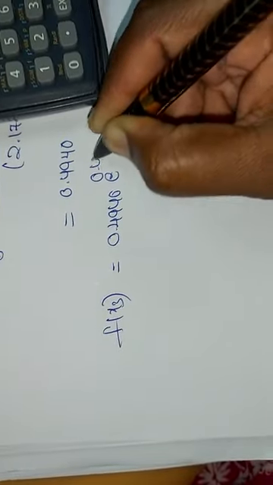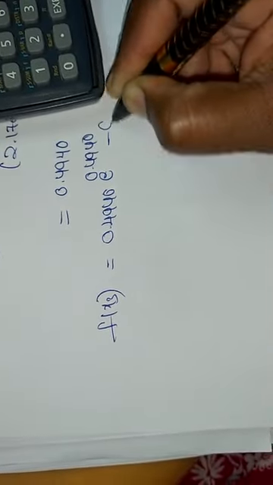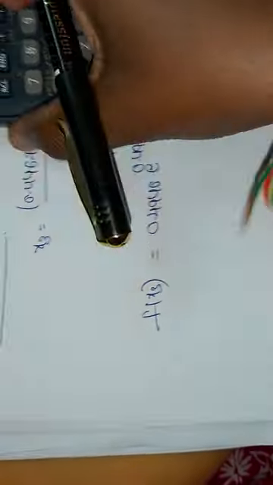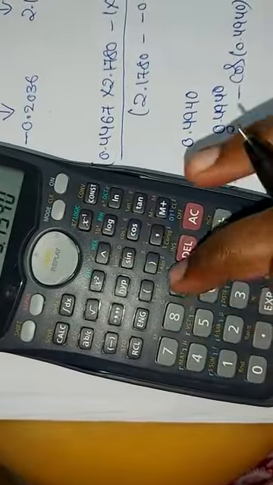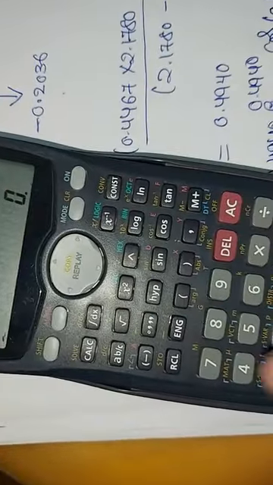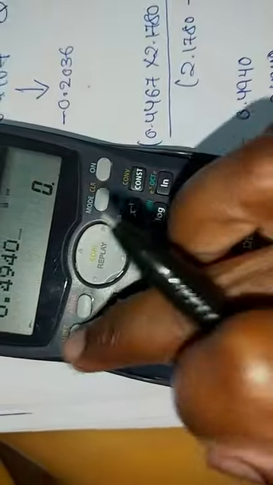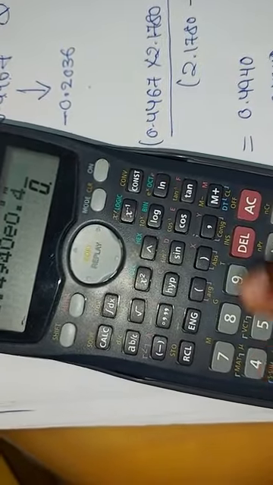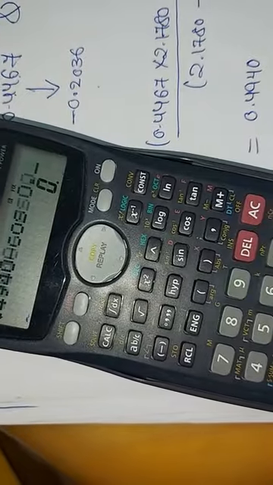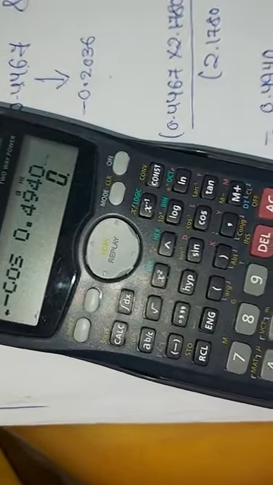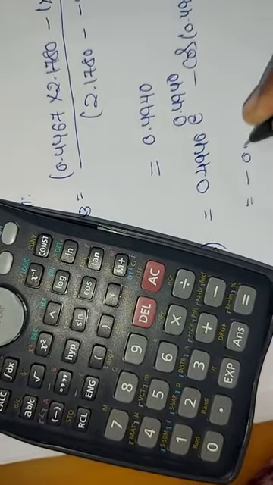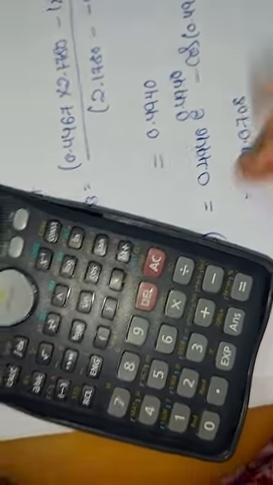0.4940 e power 0.4940 minus cos of 0.4940, that is minus 0.0708.